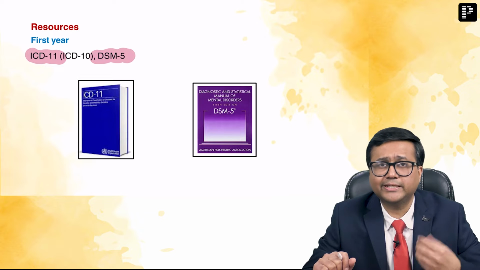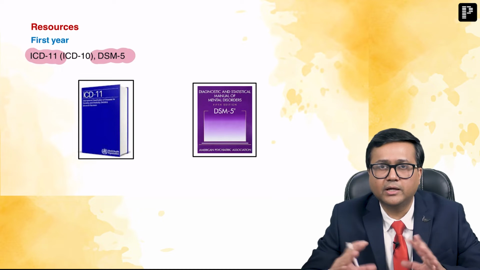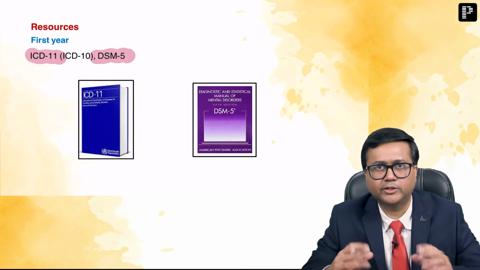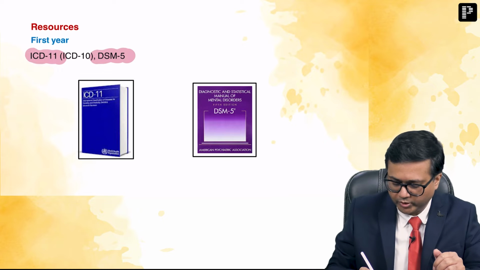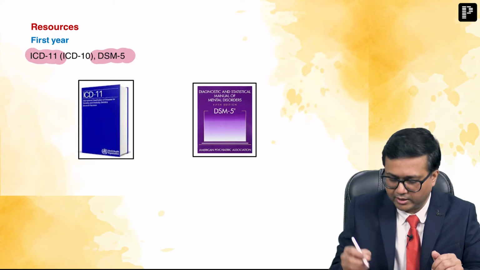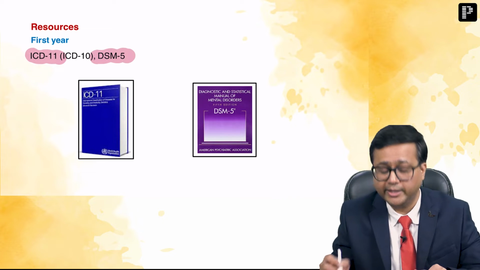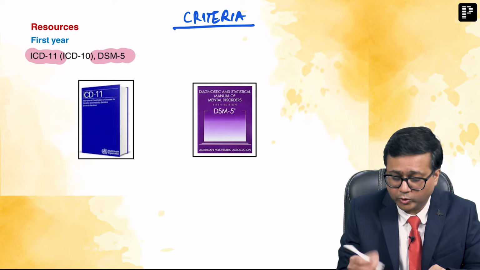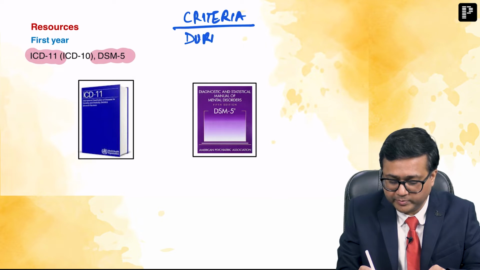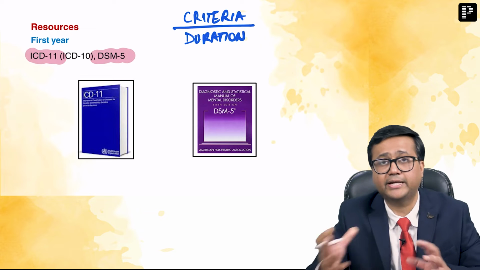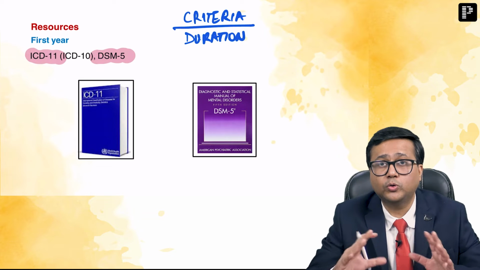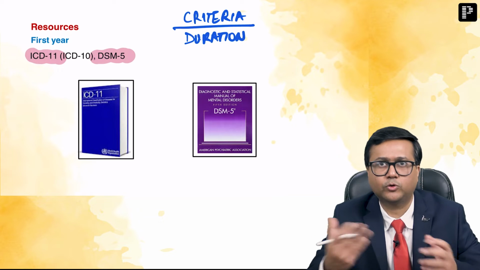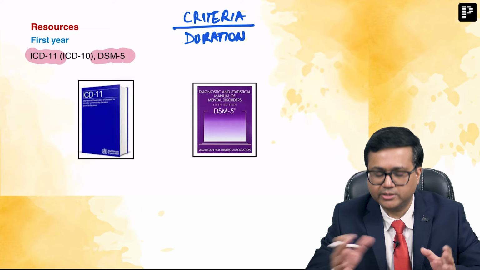Whenever you are seeing any case, whenever you are writing any case, just open up, see those disorders, read important points. You'll find a lot of important information, including the diagnostic criteria. Also focus on the duration. Again, you may find some differences in ICD and DSM. So you should know the important differences in a particular diagnosis in both these books.